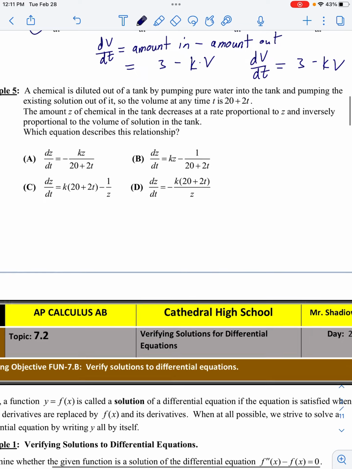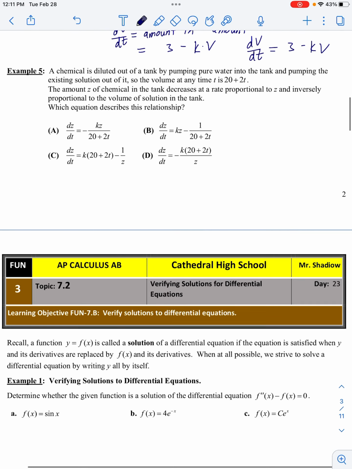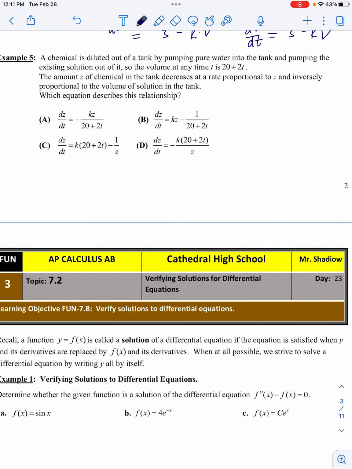Example 5. As you read this word problem, think: what's my rate in and what's my rate out? A chemical is diluted out of a tank by pumping pure water into the tank and pumping the existing solution out of it. So the volume at any time t is 20 plus 2t. The concentration of the liquid is always changing.